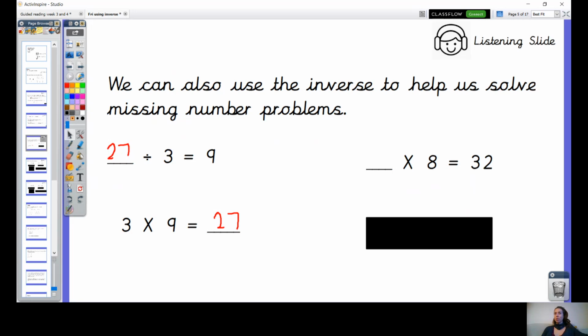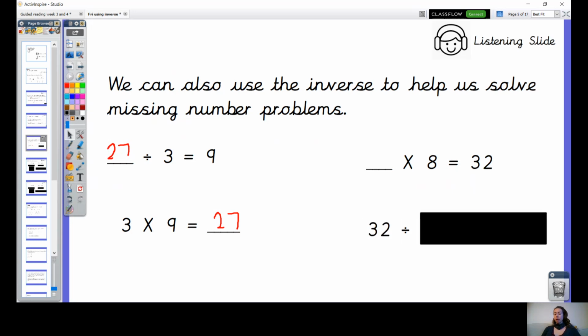Now again, you might know this straight away, but we're going to do the inverse today to help us understand. And when you do get to trickier calculations that you don't know the answer straight away, you'll be able to work it out. So have a think, what calculation can we do? We know we're doing a division one. What can we do to help us find this missing number? Just have a quick think.